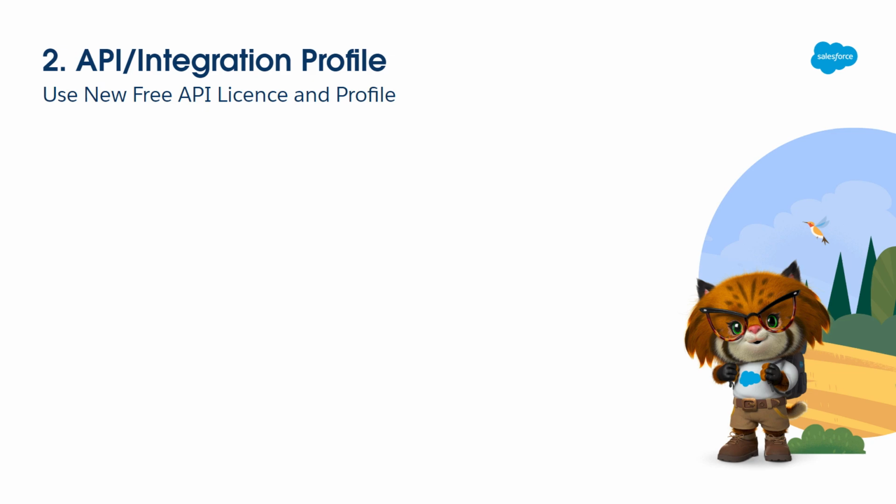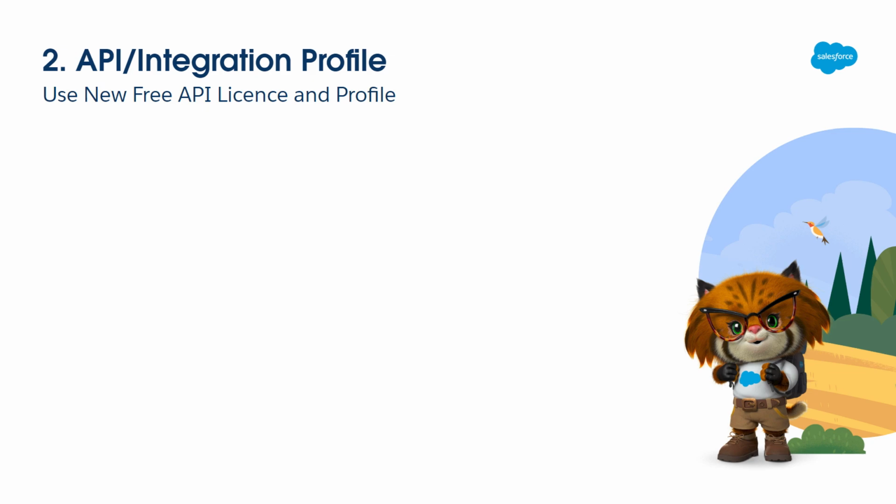And here we can use the new free API license and profile that Salesforce granted to us in March or April 2023. At TDX 2023, it was announced that all users, maybe tied to a certain org level, I can't quite remember, will have 5 API licenses free of charge.